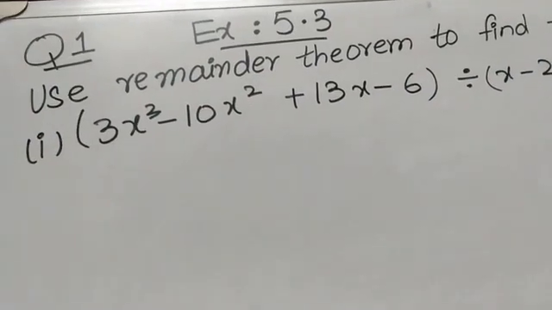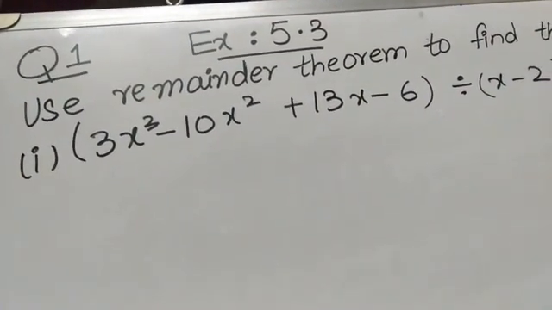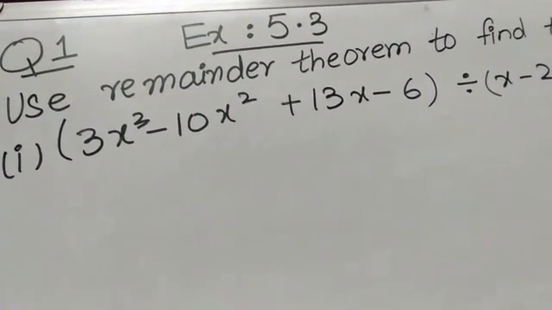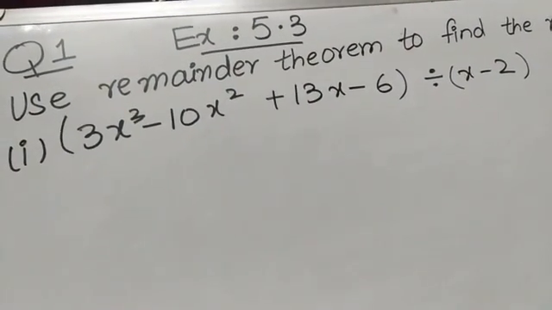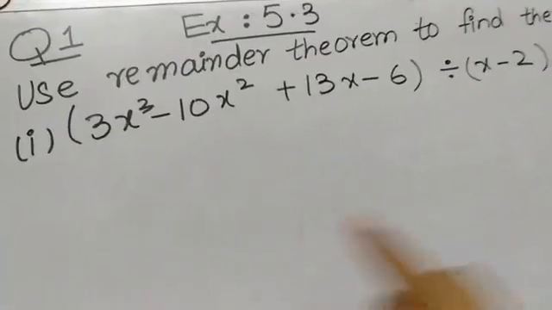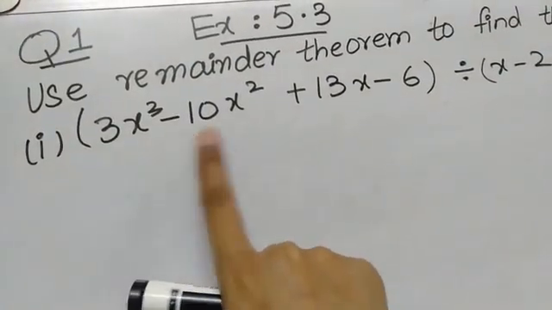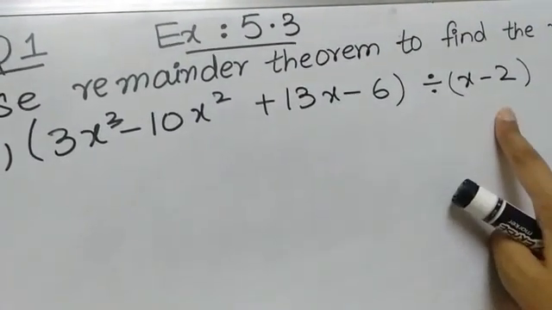Now we are going to solve our questions of exercise 5.3. It is related to the remainder theorem. In question number 1, we have to use the remainder theorem to find the remainder when we divide the polynomial 3x cubed minus 10x squared plus 13x minus 6 by x minus 2.